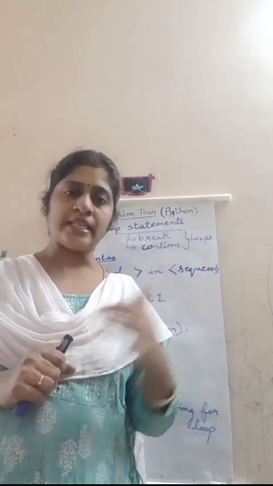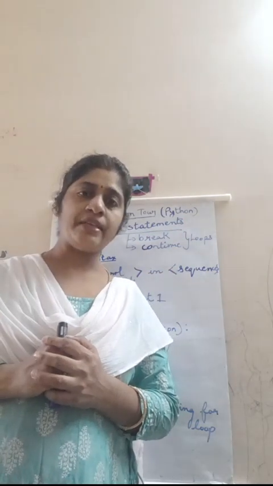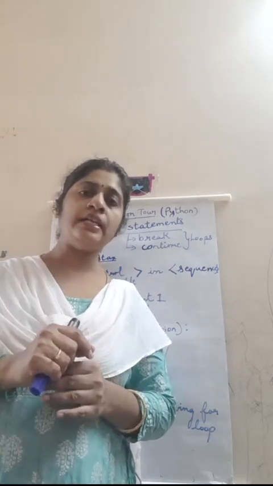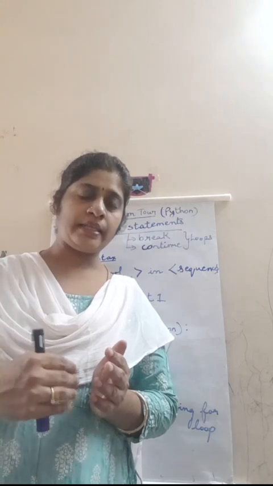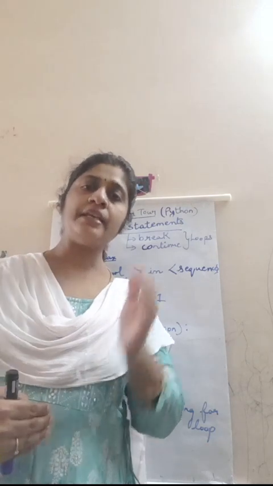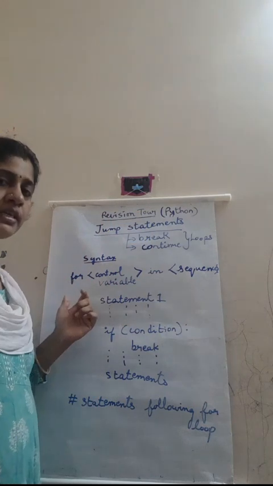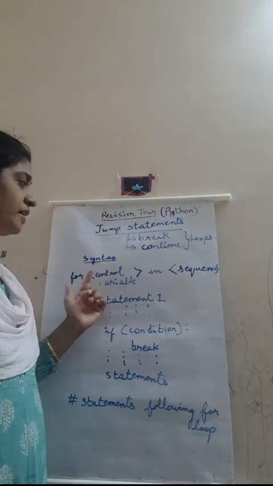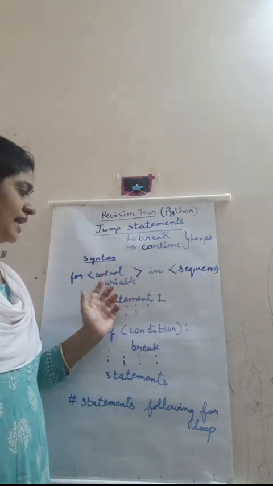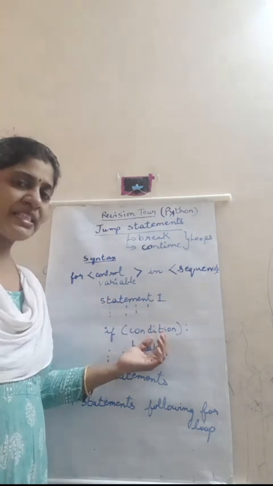Now let us see the syntax for break. Break statement will come out of the loop, that is, it will jump to the statement following the loop. I have written here the syntax for the jump statement. For control variable in sequence, this is the for, and the statements following the for, then if and you write some condition.